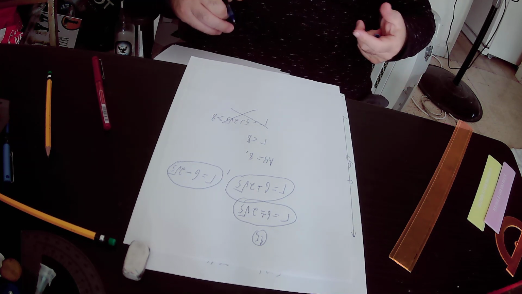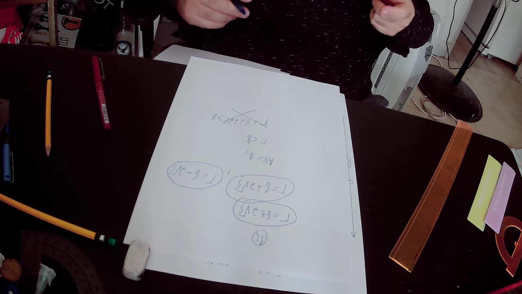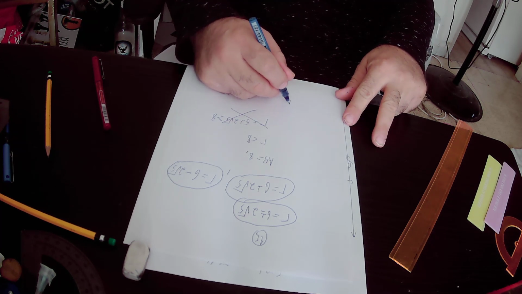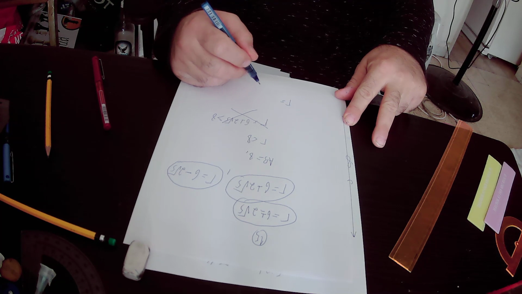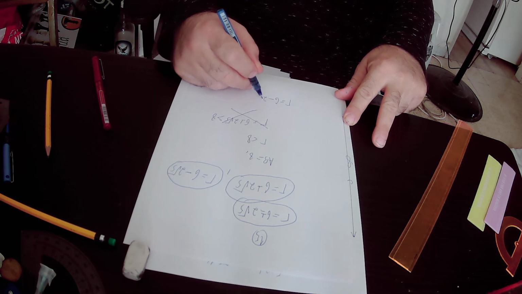So the radius of the small circle must be less than the length of one side of the square. Okay? So the only possibility left is that the radius of the small circle equals 6 minus 2 times root 5.